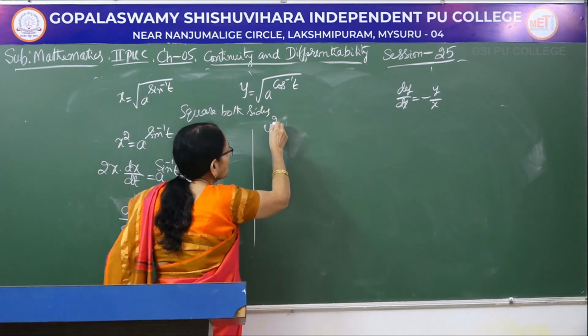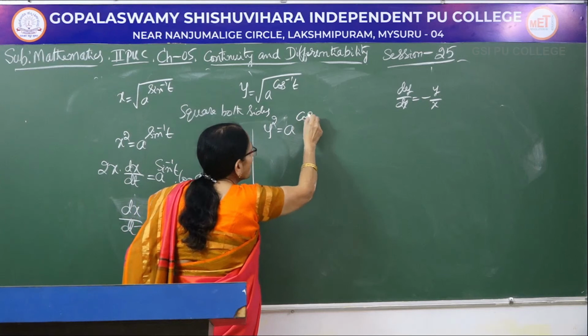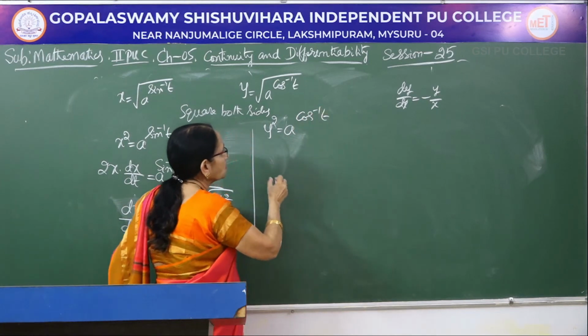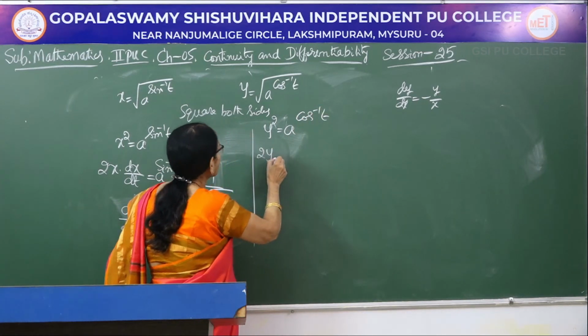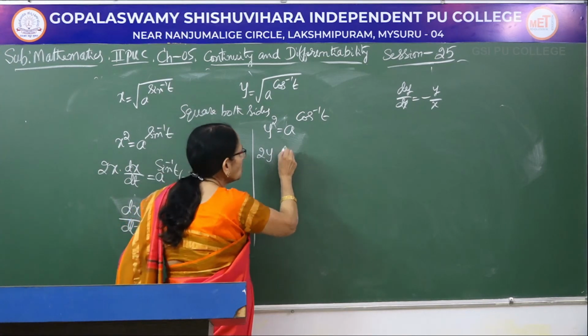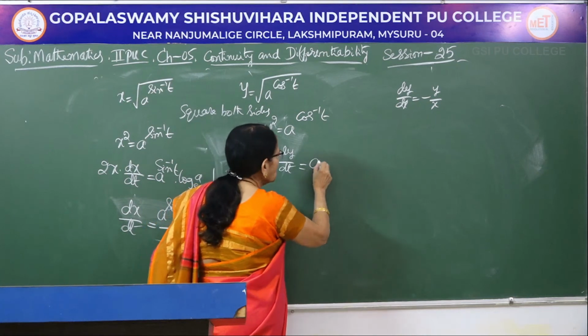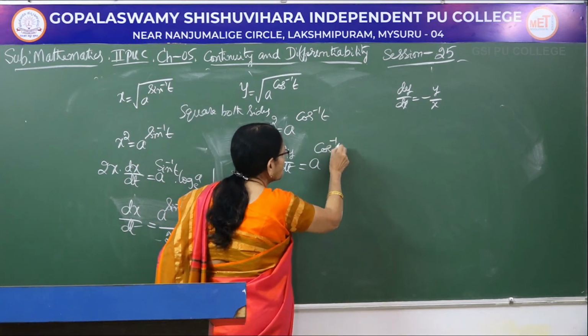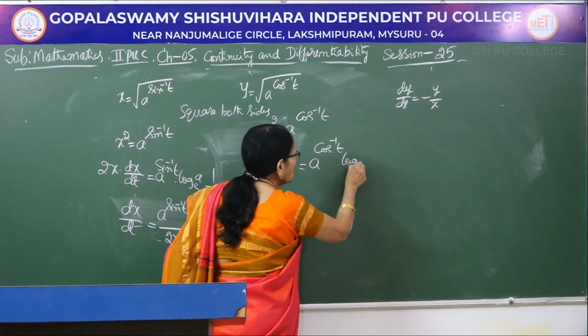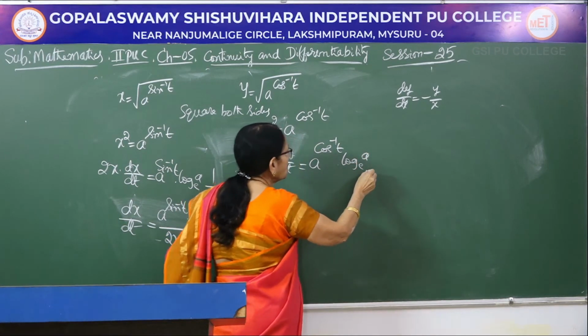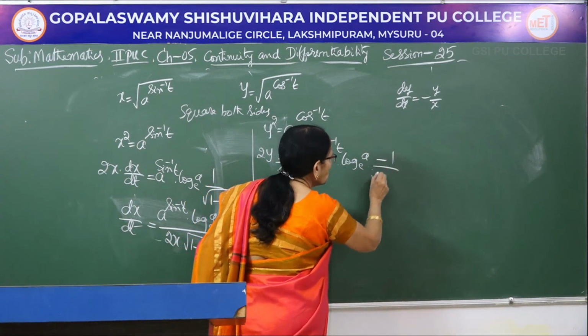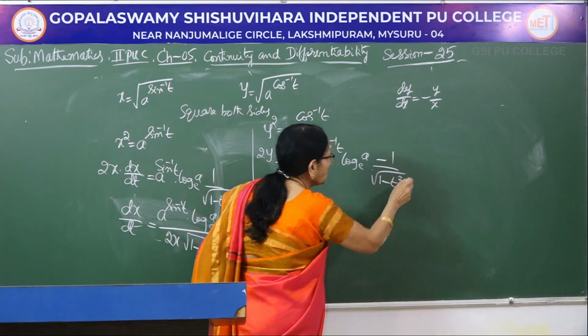So, y square equal to a to the power cos inverse of t, that on differentiation with respect to t gives 2y into dy by dt equal to a to the power cos inverse t into log a to base e into minus 1 over root of 1 minus t square.